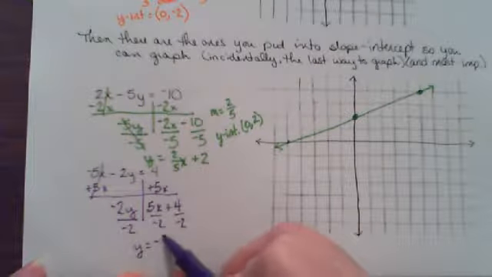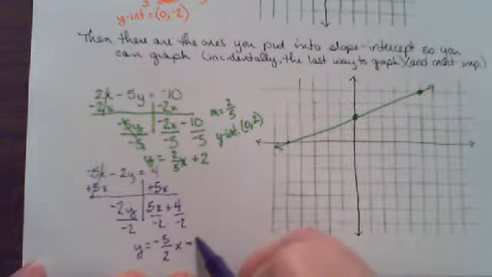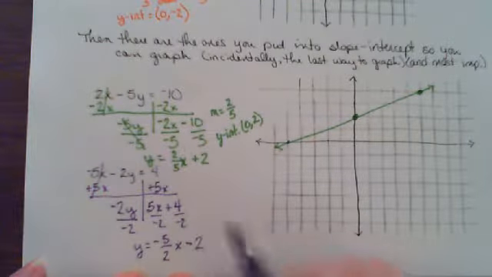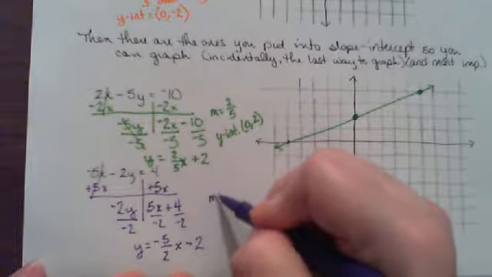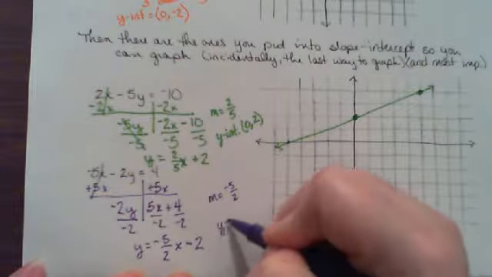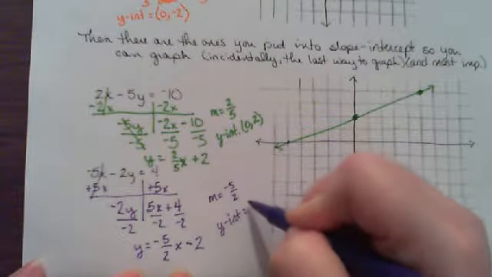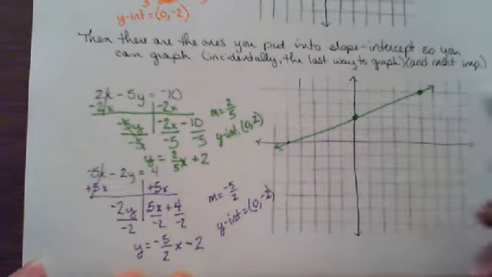Get y equals negative 5 over 2x minus 2, because 2 goes into 4 2 times. That makes my slope equal to -5/2. My y-intercept equal to 0, -2.